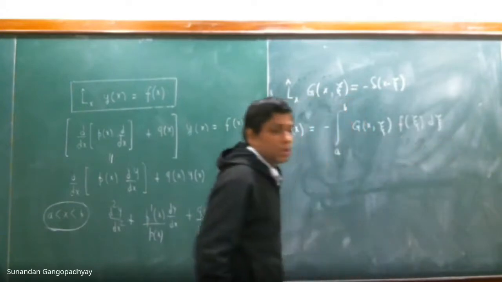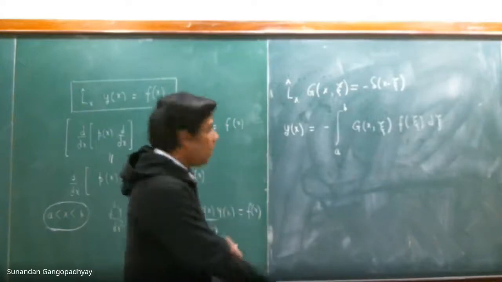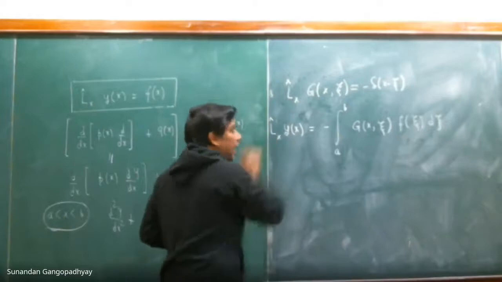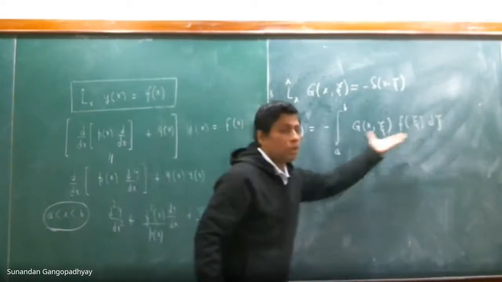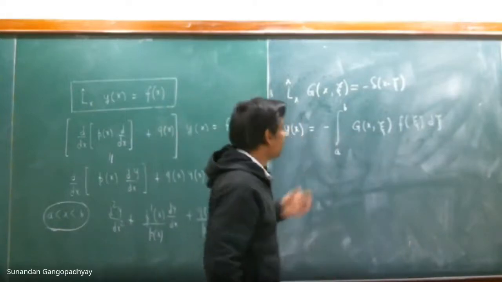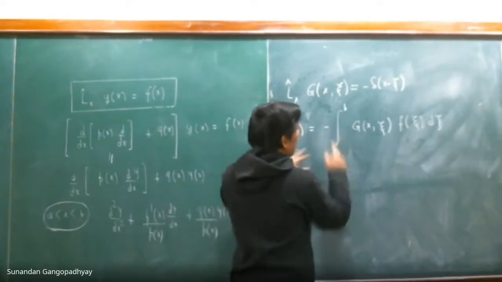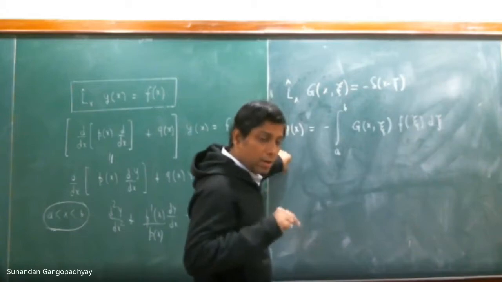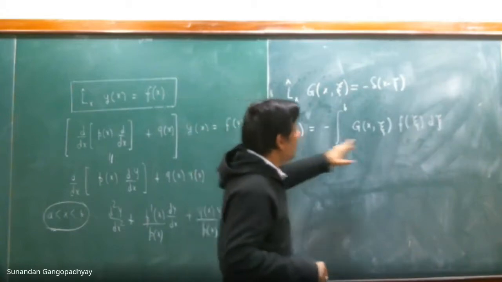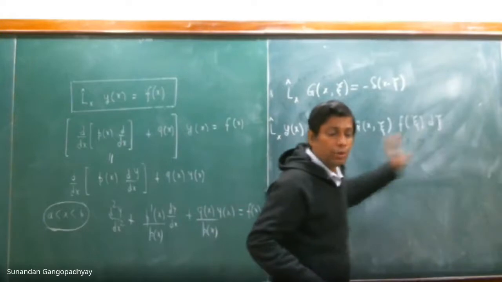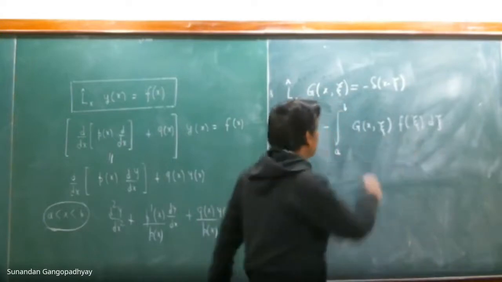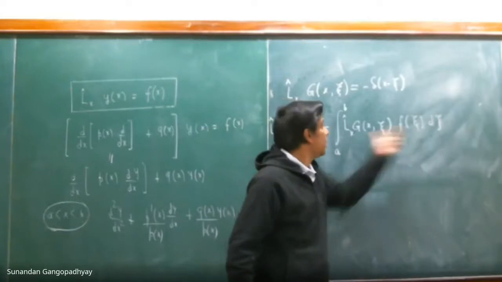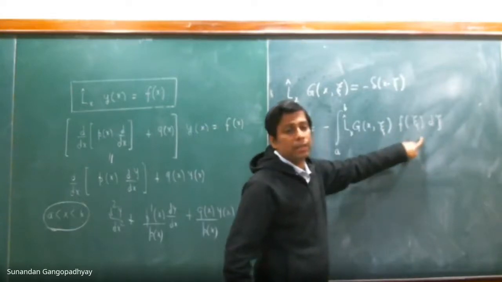Why is this a solution? Let us check whether this is indeed a solution or not. Let us act both sides of this solution by the operator L at x. So this will be L at x acting on this integral, but L at x acts at the point x, and this is an integral over xi, so you can put it inside the integral. So it will act only on the Green's function because L at x cannot act on f of xi, but g is a function of x as well as xi.